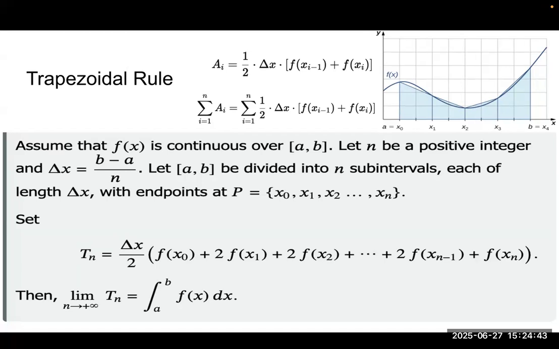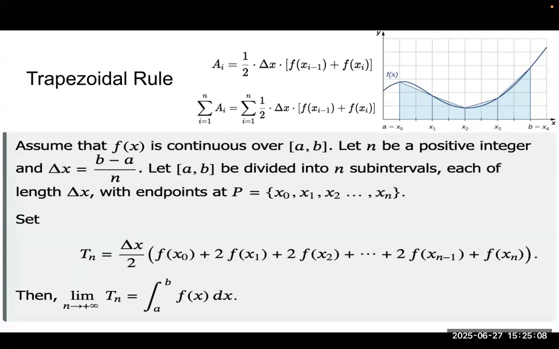We also have an interval from A to B, and here also N. For the trapezoid, we need to look at two points. Last time we were looking at this shape, which looks like a trapezoid.